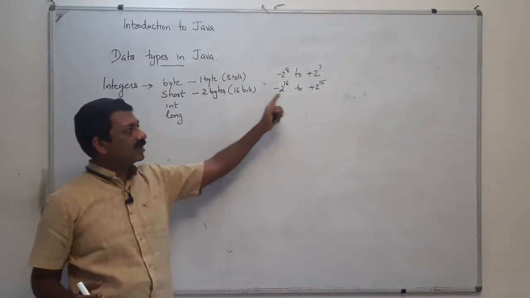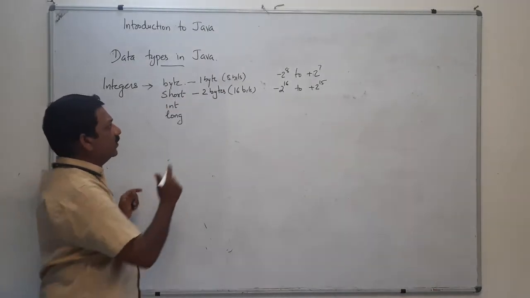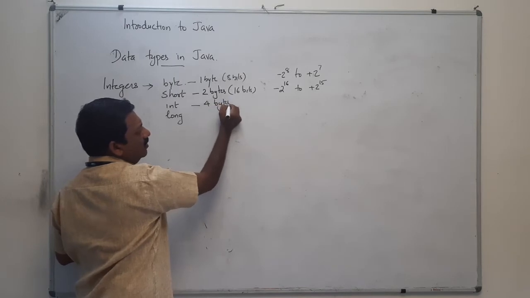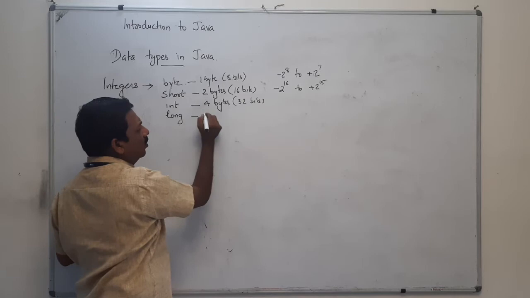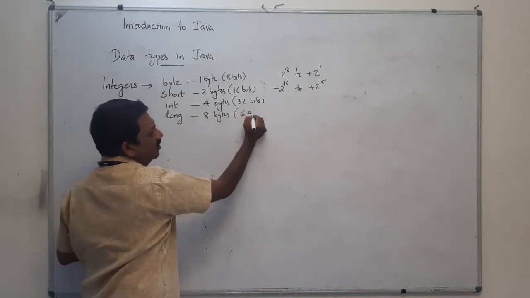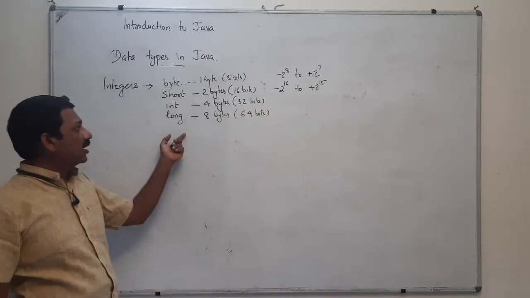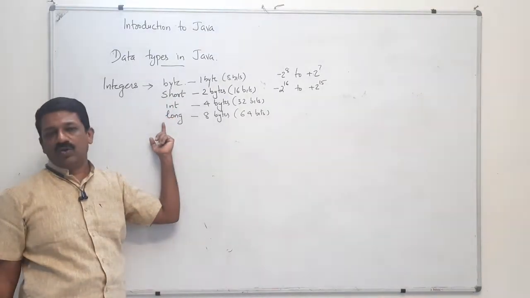These are the range of values that can be attained using short. If it is int, 4 bytes or 32 bits are reserved, and for long, 8 bytes are reserved. That means 64 bits.